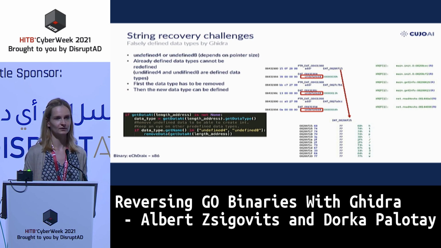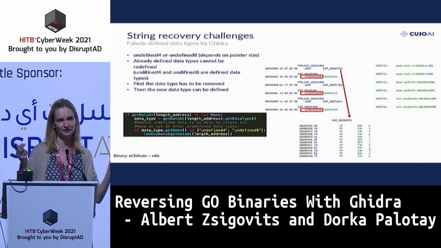The first one is when there are some already defined data types where we want to define, for example, an integer. Ghidra usually uses what are called undefined data types, but that still means something is already created.